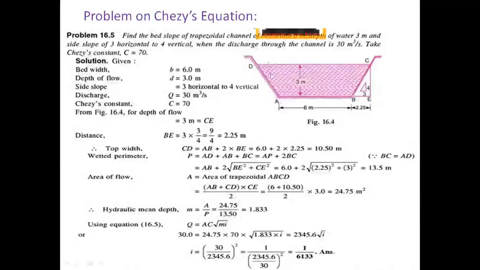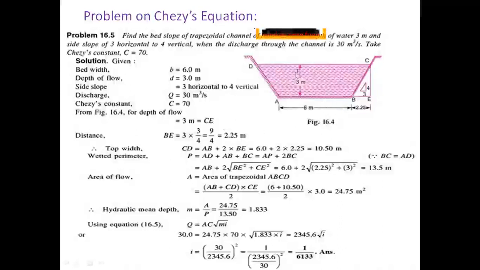Now we need to find out the top width of the channel. Here the bottom width of the channel is given, but the top width is not given, so we need to find it. CD equal to AB plus 2 into BE. Both sides BE value is the same, so we consider 2 into BE, with AB the bottom width of the channel and BE as 2.25 meters.